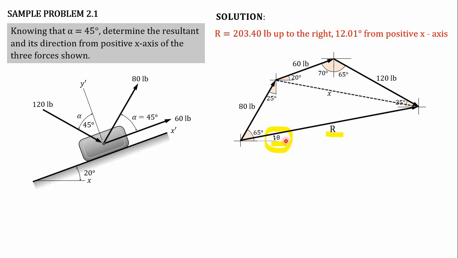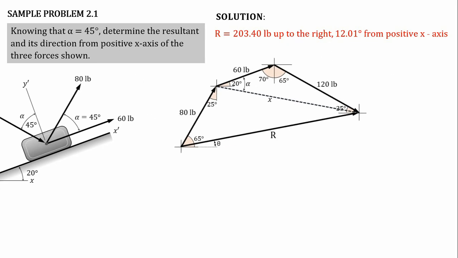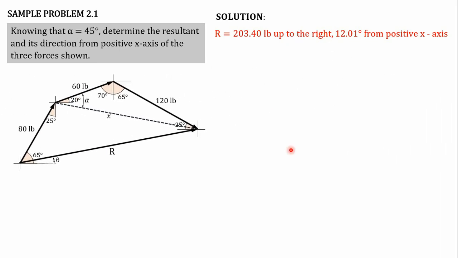So ito muna, no? We assume that this angle is alpha. Ang aim natin is r and theta. How we can achieve to solve r and theta? So, i-transfer ko lang siya.